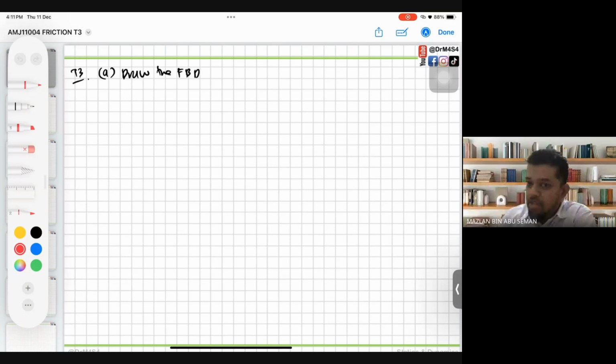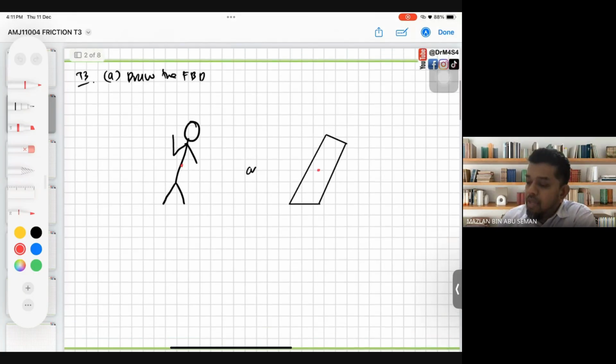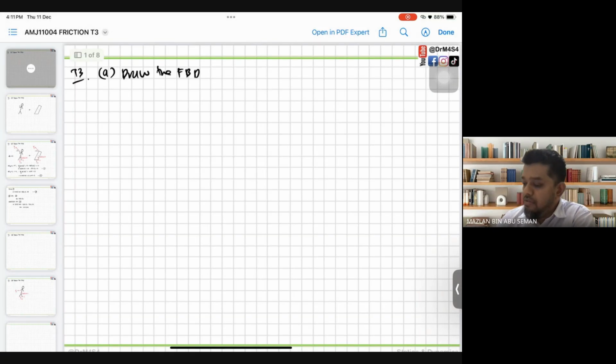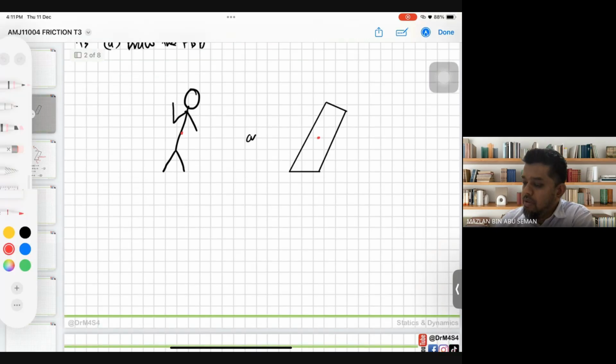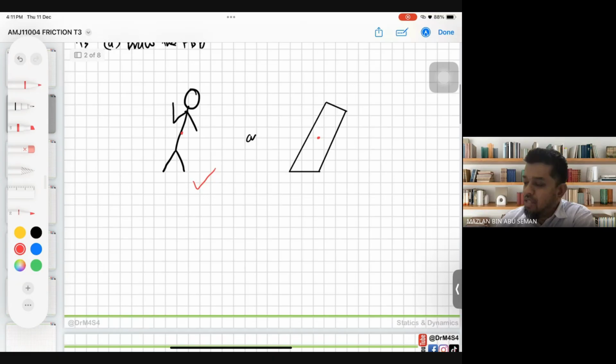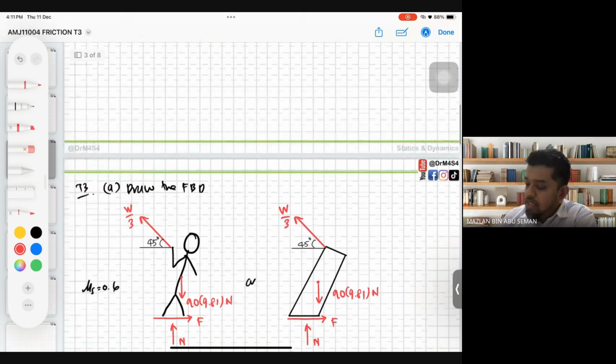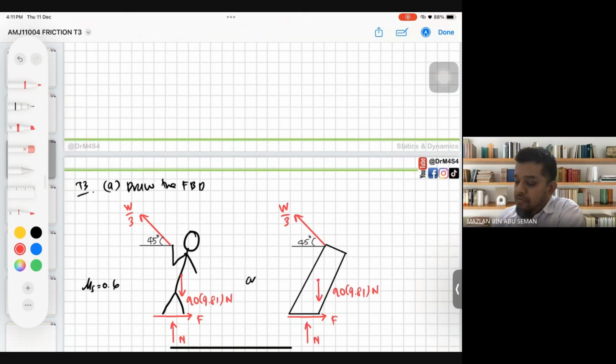Okay. As I said in the class, you just draw orang lidi, a stick figure. It's enough. A very simple man like a cartoon, or you can draw a box like that. Then you have to put the forces accordingly. So this is the free body diagram for this case.